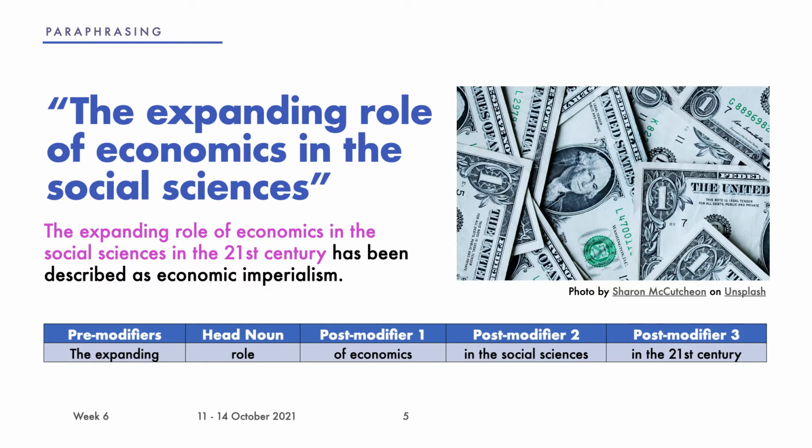Those things that are used for example, classifying the head noun or giving more specific information about the head noun. And you also have the prepositional phrases after the head noun role, including the first modifier of economics, and the second one in the social sciences, and third one in the 21st century. So we've got quite a complex or complicated noun phrase with two premodifiers, and we have three postmodifiers.